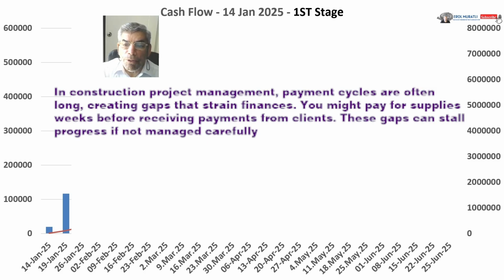In construction project management, payment cycles are often long, creating gaps that strain finances. You might pay suppliers weeks before receiving payments from clients. These gaps can stall progress if not managed carefully.